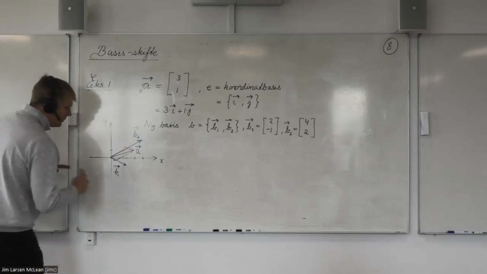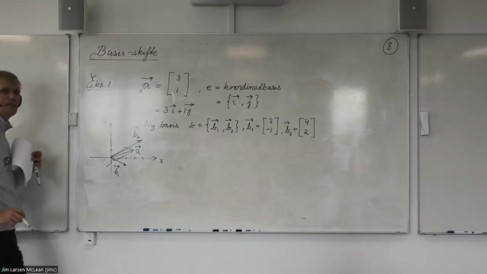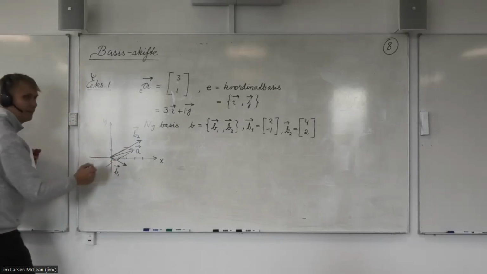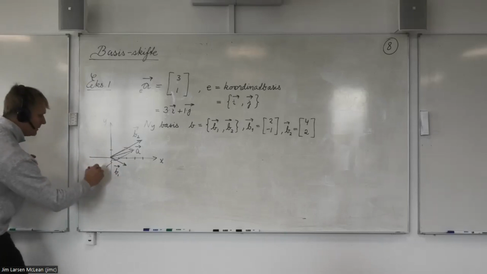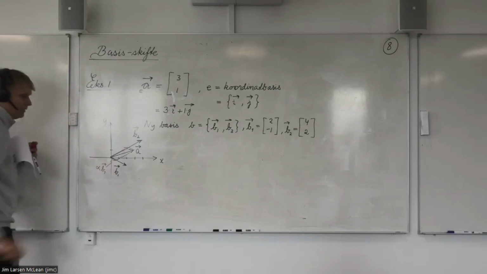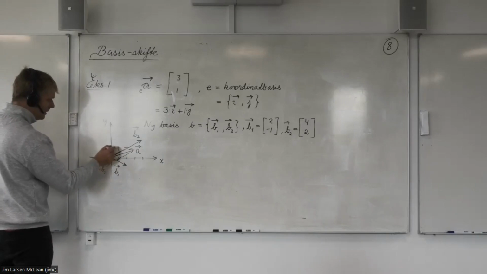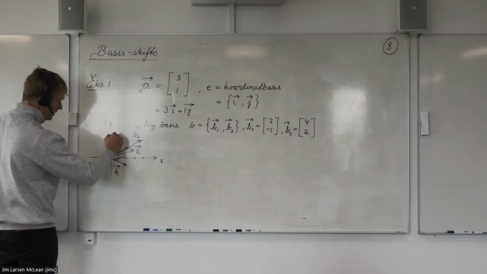Are you also with me that this little cute vector here must be a scaled version of b1? So if I scale b1 with alpha, where alpha is a number, then I get that small cute vector. And if I scale b2 with a number, beta, then I get this slightly larger, but still sweet vector, beta b2.